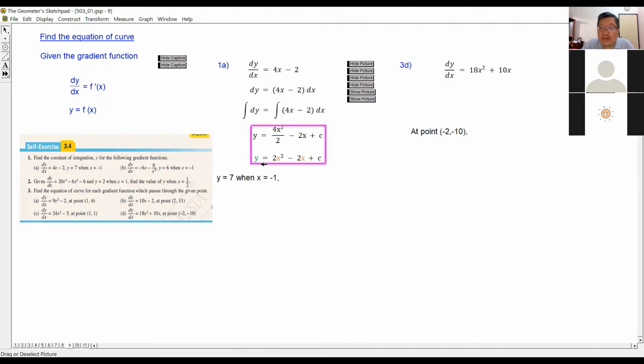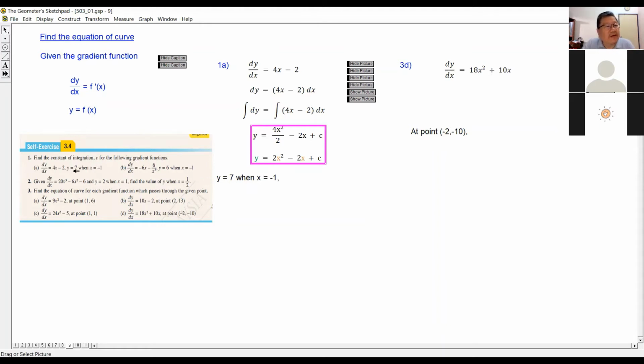Now if you look at this equation, there are two variables there, one is y and the other variable is x. c is not a variable, c is a constant. So if you want to find the value of the constant, you need a pair of values for x and y, right?